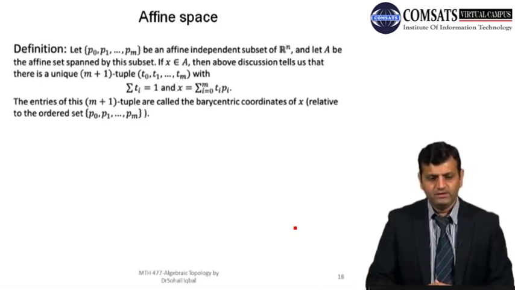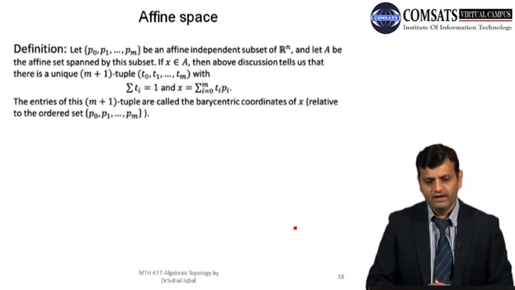So let P0, P1 up to Pm be an affine independent subset of Rn, and let A be the affine set spanned by this subset. If x belongs to A, then the above discussion tells us that there is a unique m plus 1 tuple t0 up to tm with these conditions. The entries of this m plus 1 tuple are called barycentric coordinates.